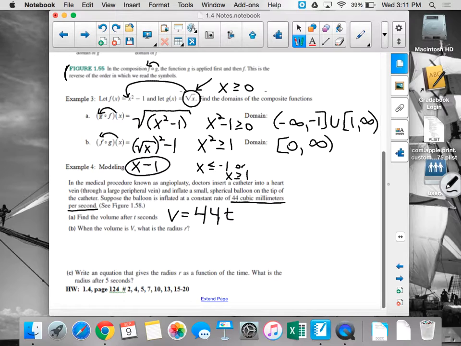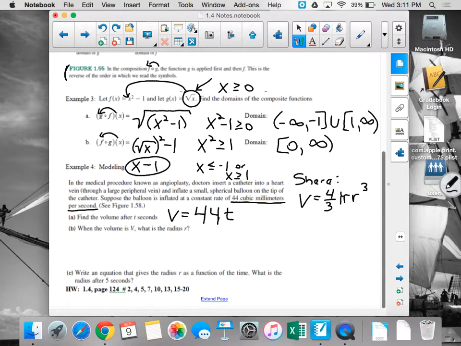Now, with that said, I want to remind you something. The volume is of a sphere. Back in your geometry days, I should make you look it up, but for the sake of time here, volume is 4/3 pi r cubed. I'm sure you're like, oh yeah, I remember that. Now, why is that important?